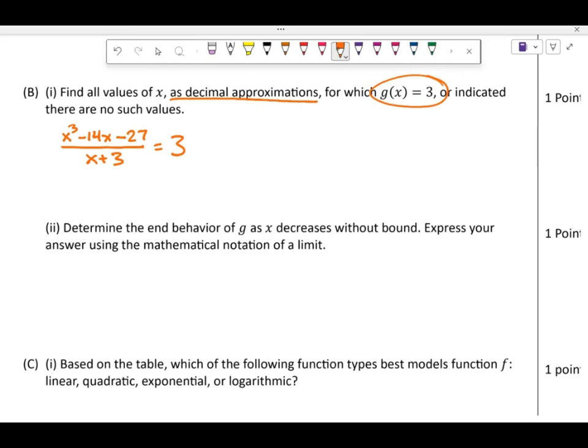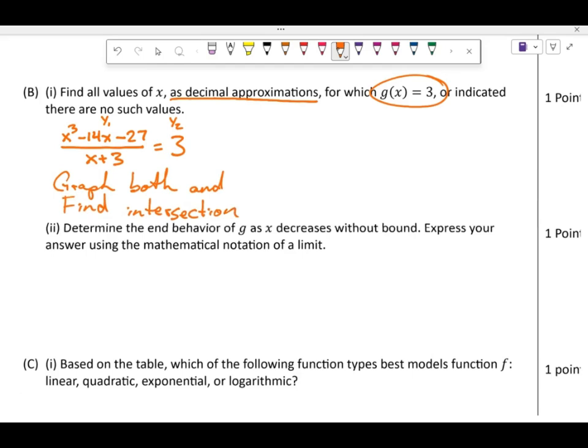Thankfully, what kind of question is this? Calculator allowed. So, how do we do this? Make this y1, make this y2, graph both, and find the intersection. We have done that before.